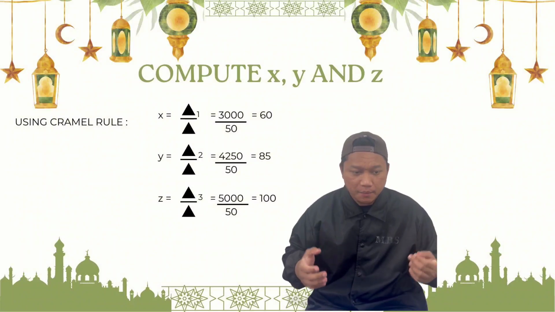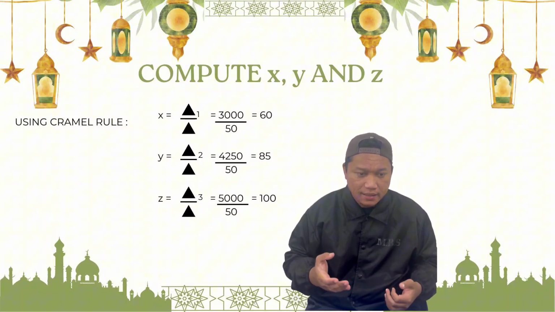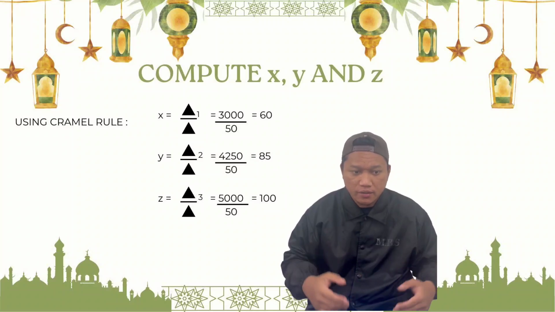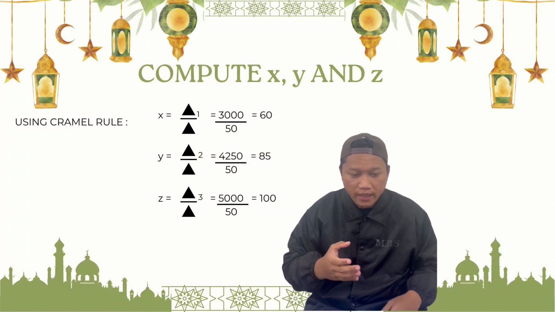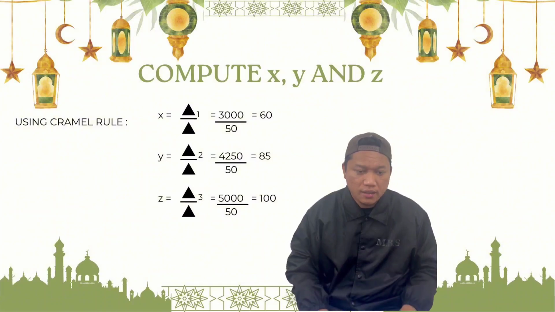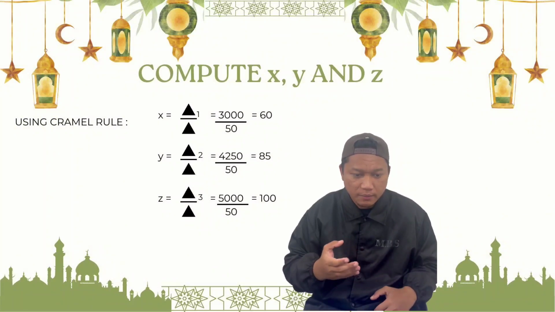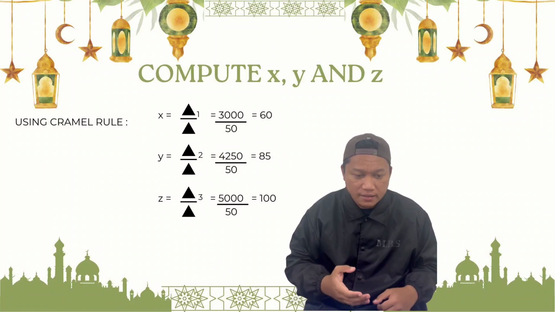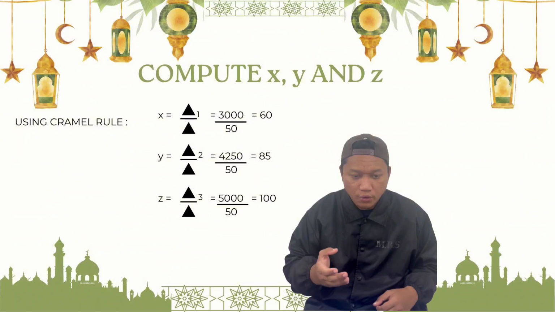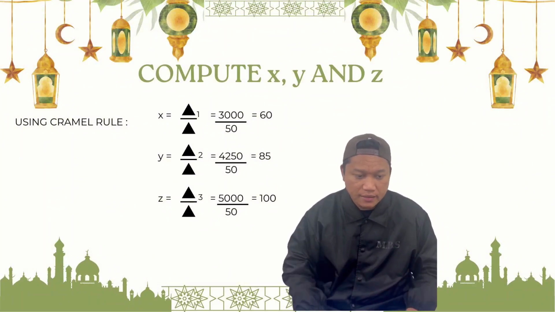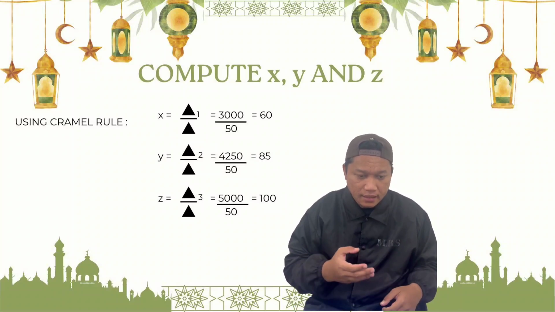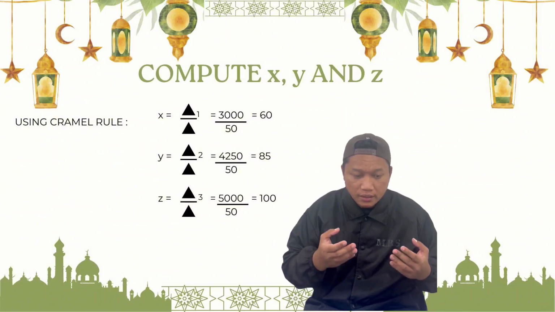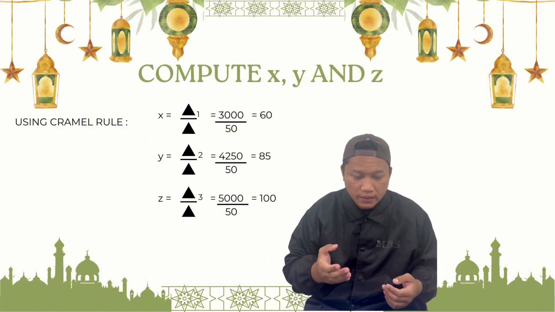Now, the last step, we compute x, y, and z using Cramer's rule. The formula for each variable is x equals determinant 1 over the determinant, y equals determinant 2 over the determinant, z equals determinant 3 over the determinant. Calculating x equals 3000 over 50.